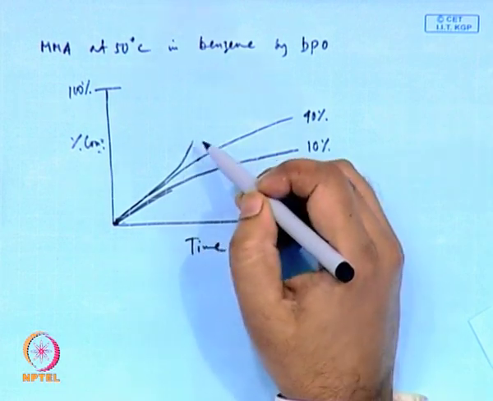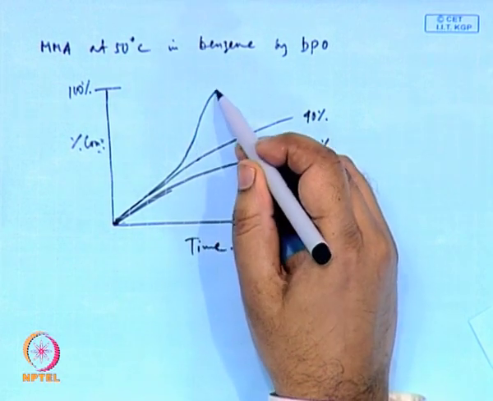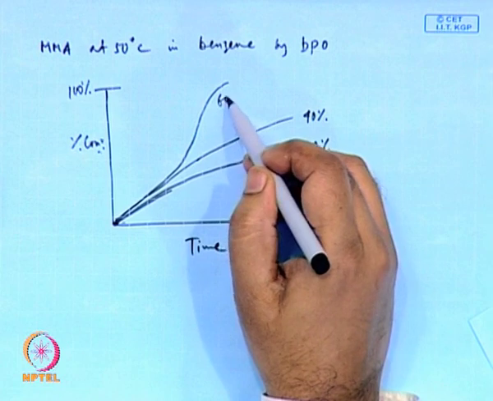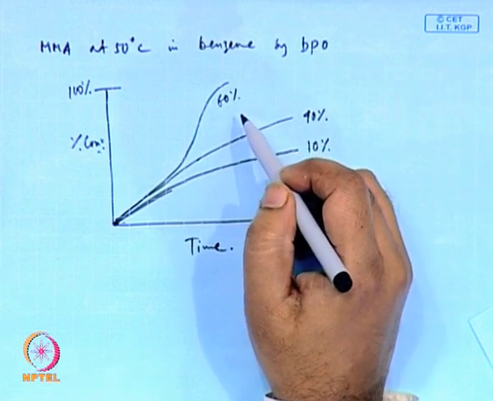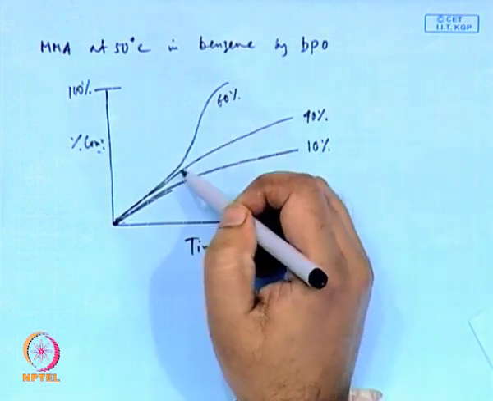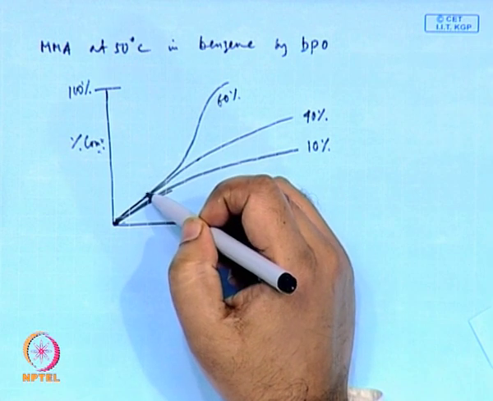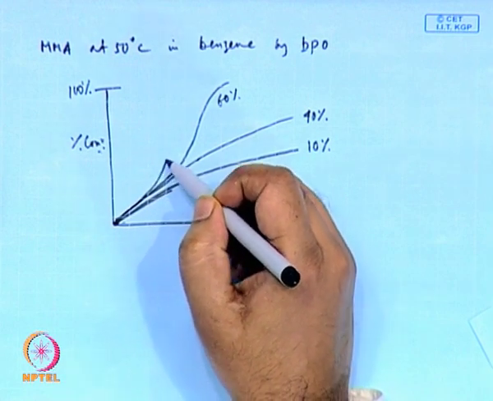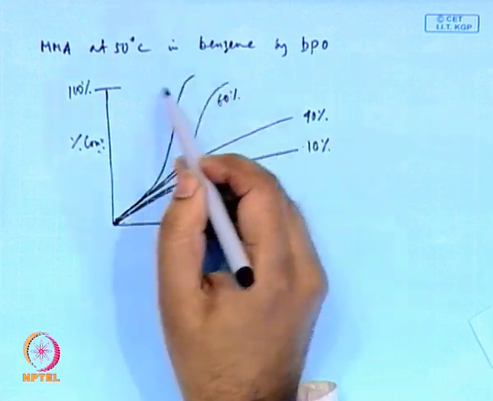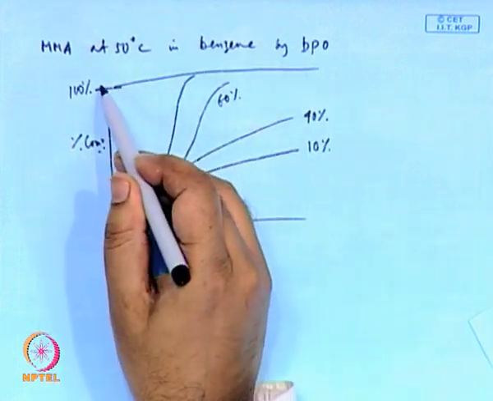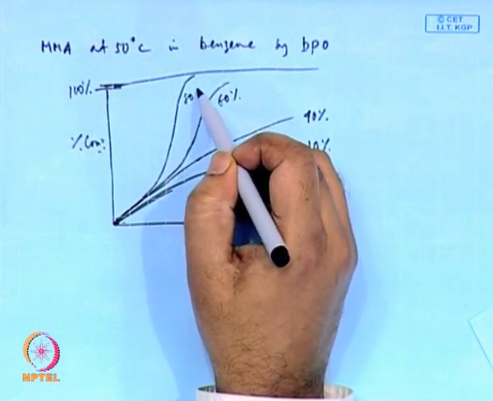If it is 60% monomer in the solution, you get the gel effect. At 80% you get it even earlier. This is 100% conversion.